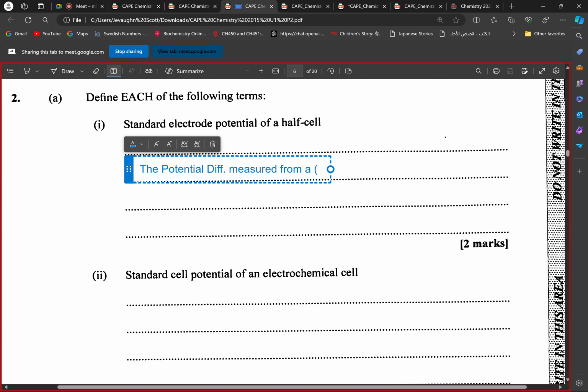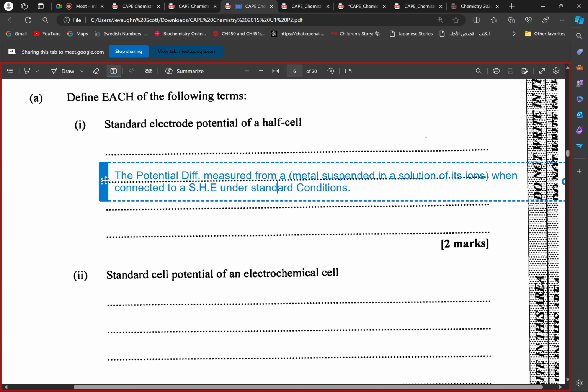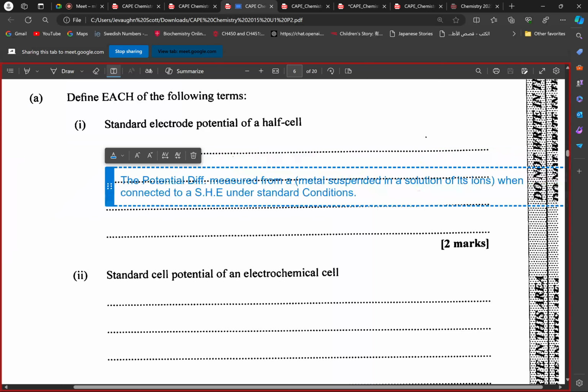We know what a half cell is, right? Standard hydrogen electrode under standard conditions. Okay, so that is the answer. Alright, so that's what we have there.